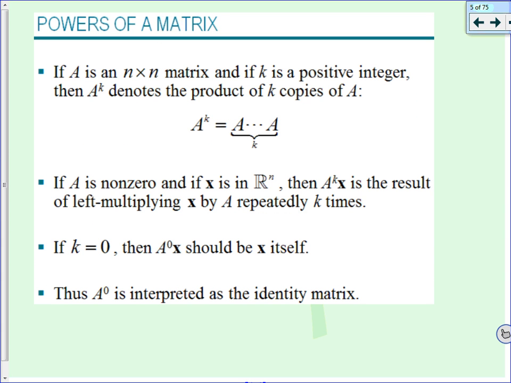So you can take a power of a matrix. The power of a matrix is defined just like the power of any variable or any number. It's just the result from repeated multiplication.